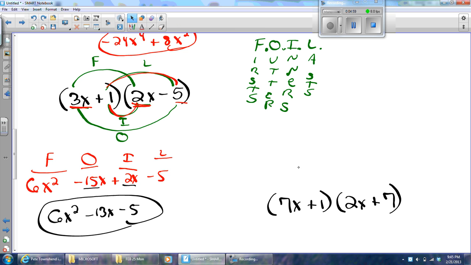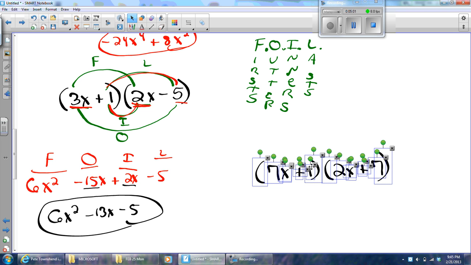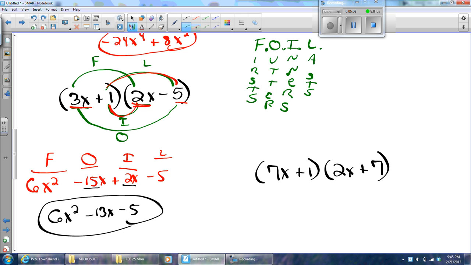All right, let's try this one here. I'm going to do my firsts, which are these two. So I'm going to get 14x squared. Next, I need to do my outers. My outers, in this case, are these two, which would be a positive 49x. Now I need to do my inners.